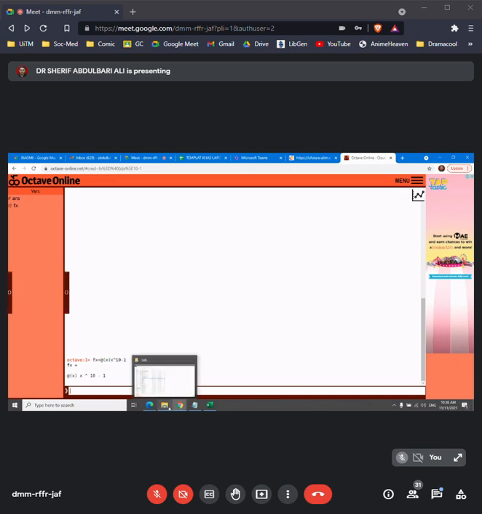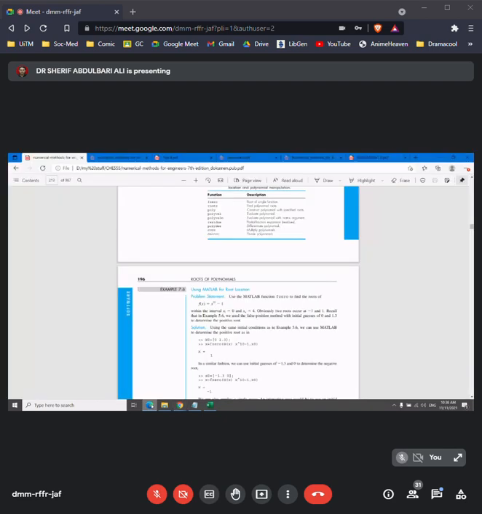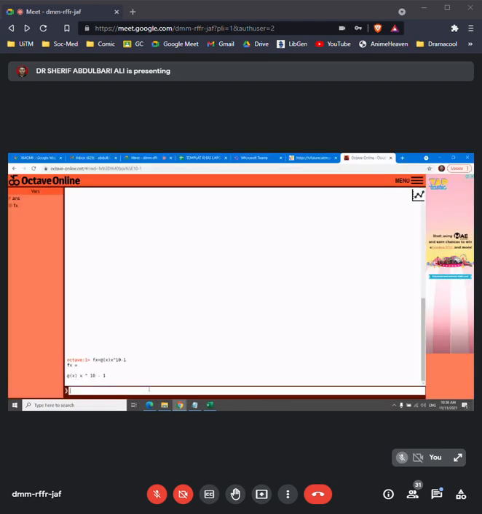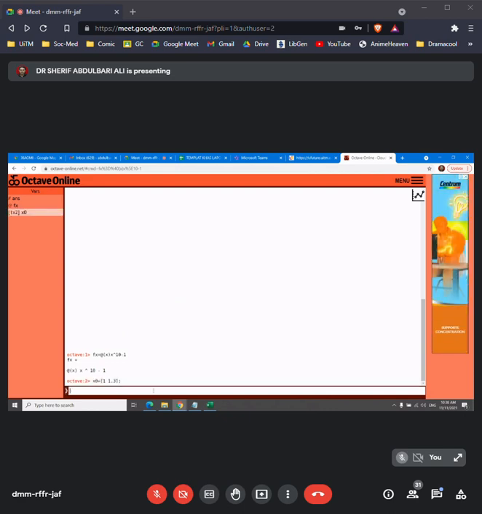Okay. So next, I'm going to put the initial value given in the example. My initial guesses are x0 from 0 to 1.3. So I'm going to write in MATLAB my initial values x0, 1 and 1.3, and I hit enter.